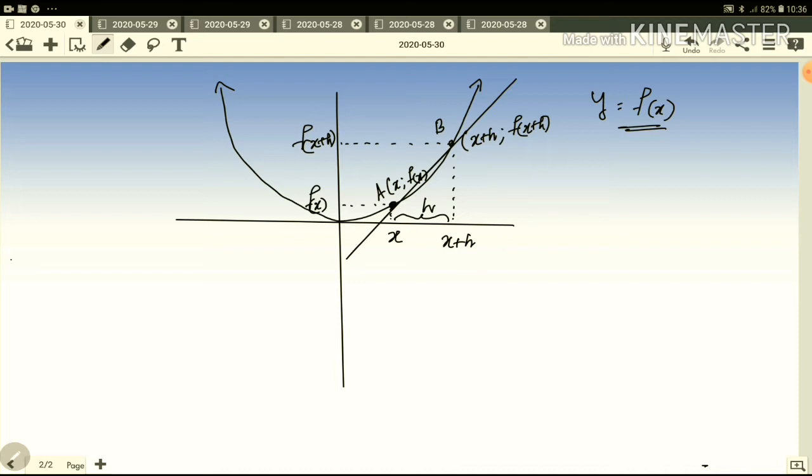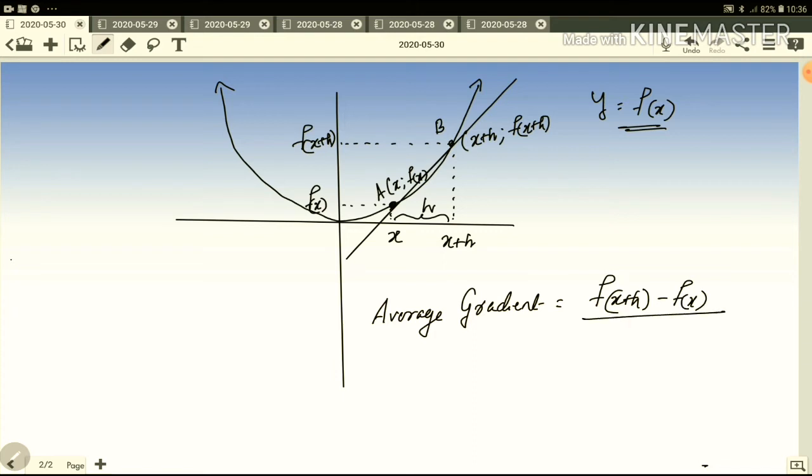Average gradient. So let me write it here. Average gradient is equal to between the 2 points A and B. So change in y, that is f of x plus h minus f of x, change in y of these 2 points, divided by change in x, that is x plus h minus x.